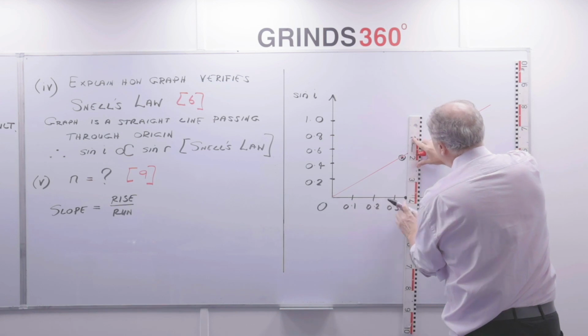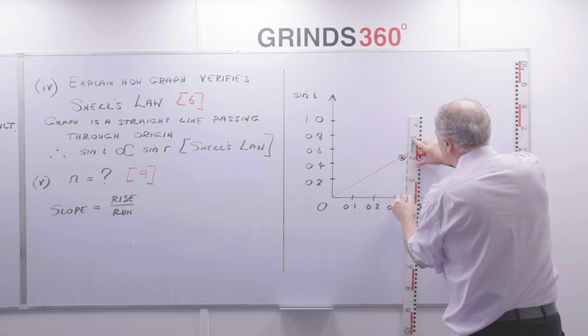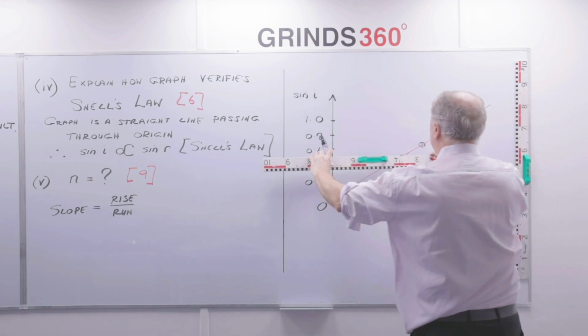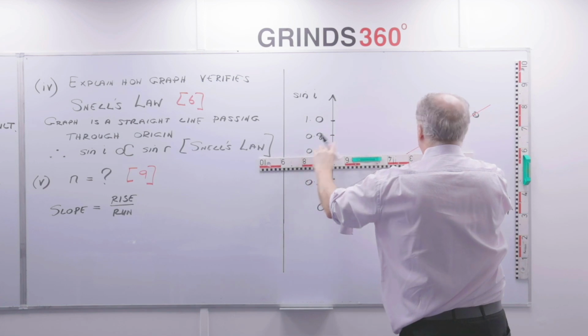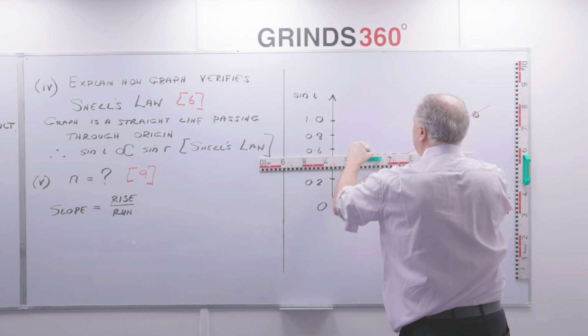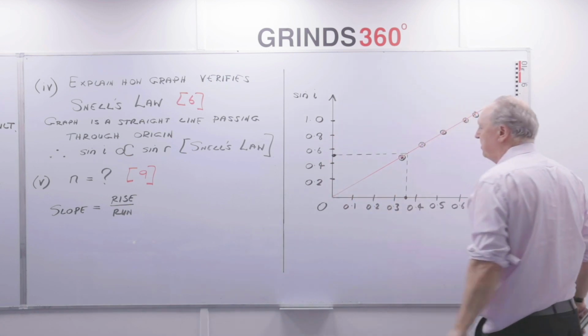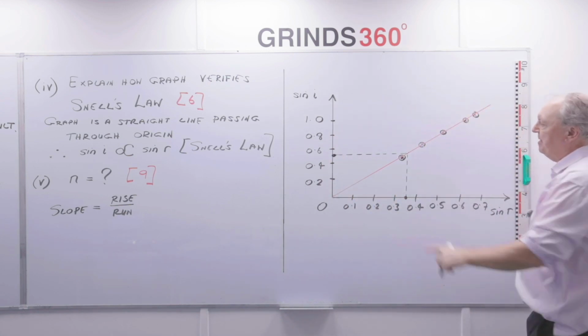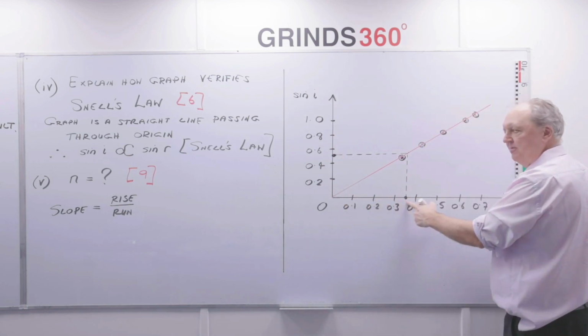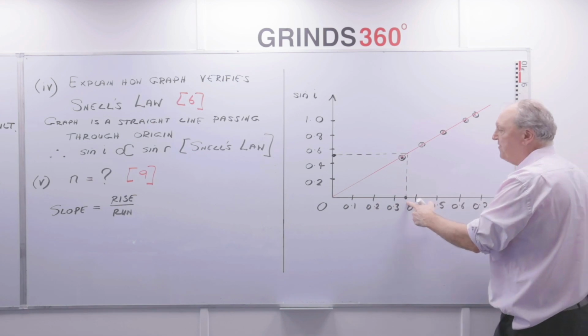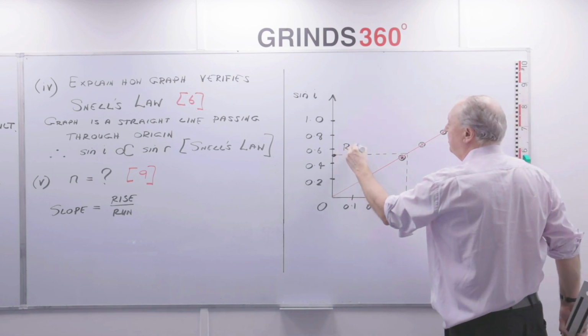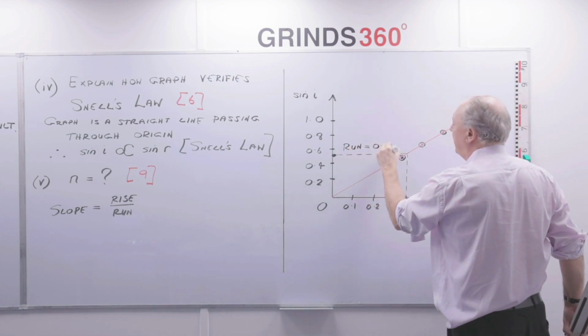Draw a line straight up until it meets the graph, and then draw a line straight across till it meets the sin I axis. And mark these points. How far did I go out? I went out 0.35. That's called the run. So the run is 0.35.